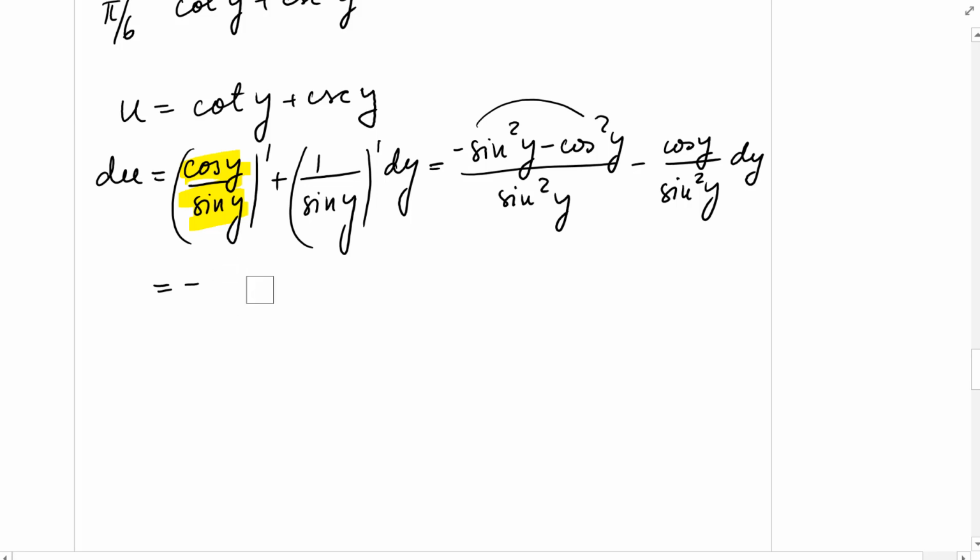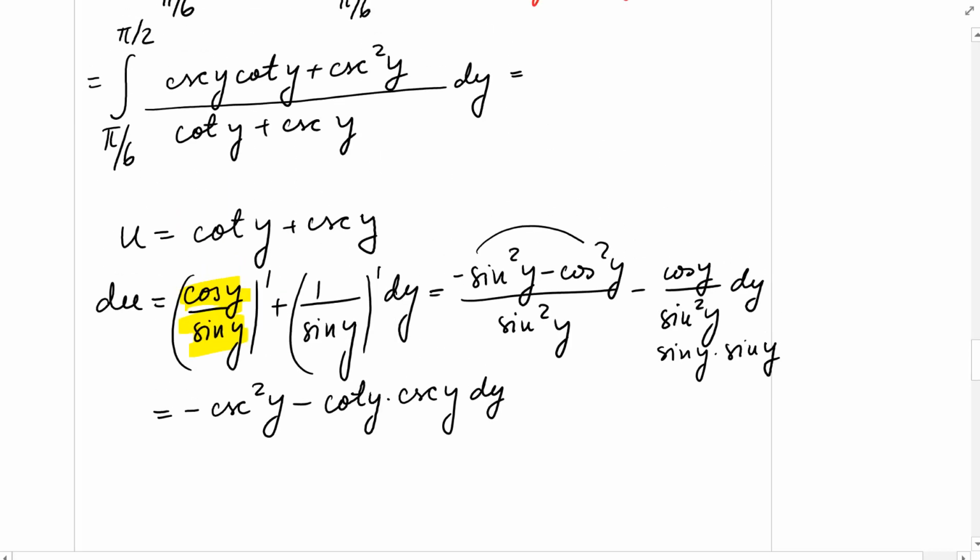That would be cosecant squared of y with minus. And this one minus, if we split it into sine y times sine y, I get cotangent y times cosecant y dy. So just take a look at the numerator. This numerator dy is exactly this du with minus, because all these are negative here.